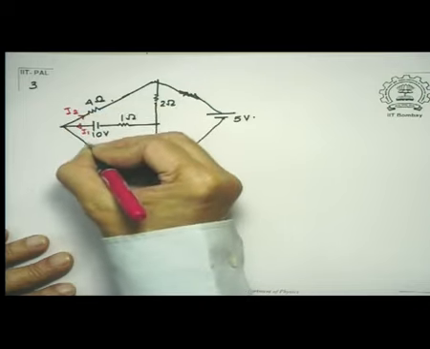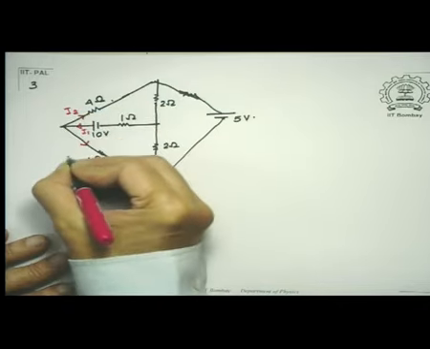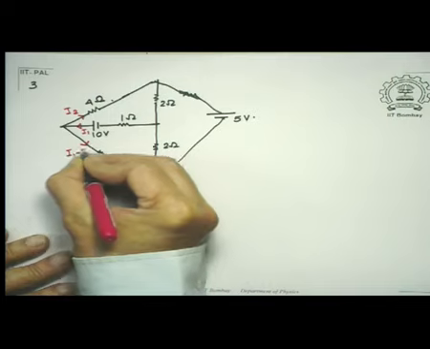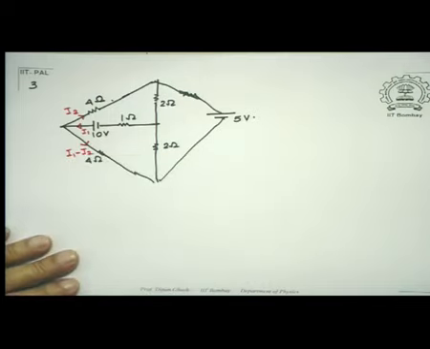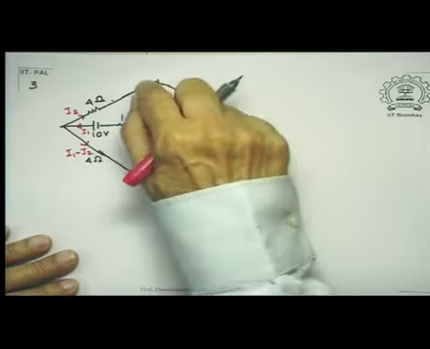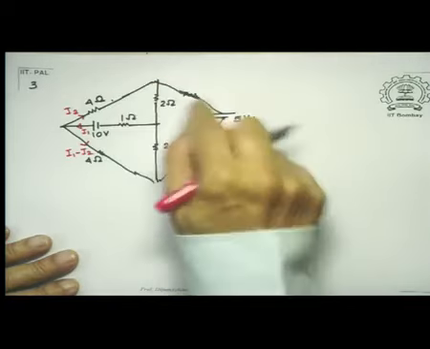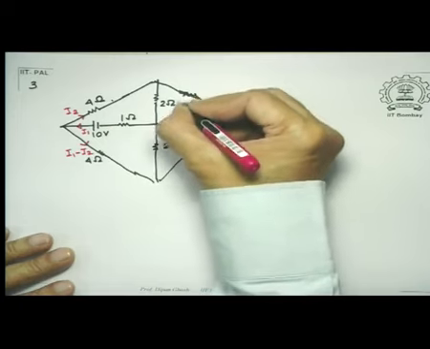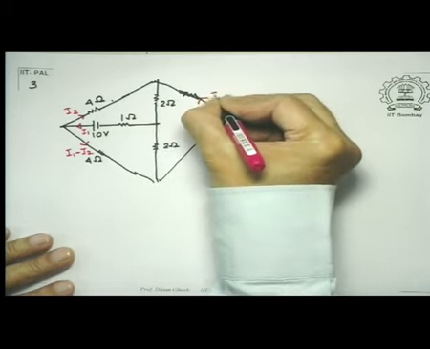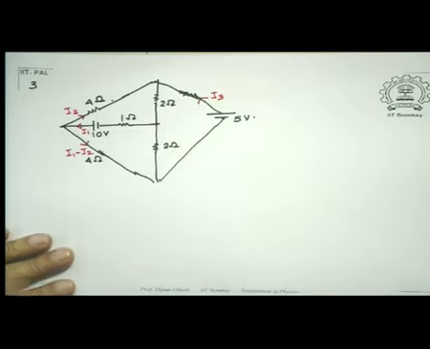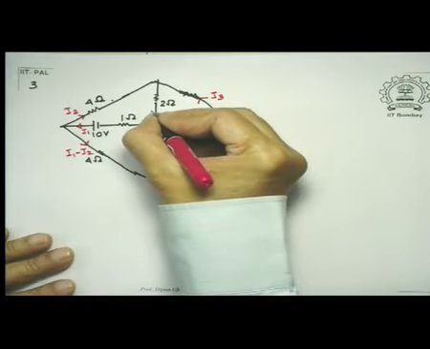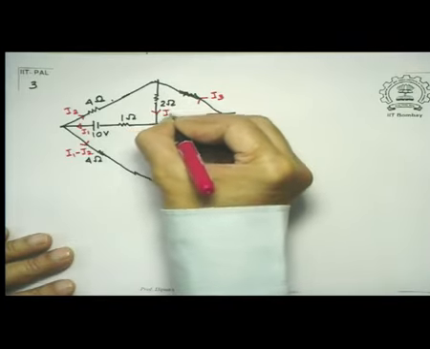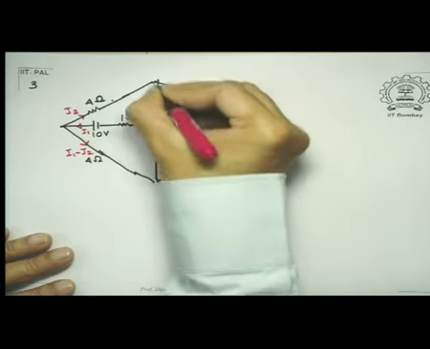Now clearly at this branch I have I1 minus I2. So this I2 goes there, and let us say that this battery is giving out a current I3, so that the current which is flowing through this is I2 plus I3. Everywhere I am using simply the junction rule.